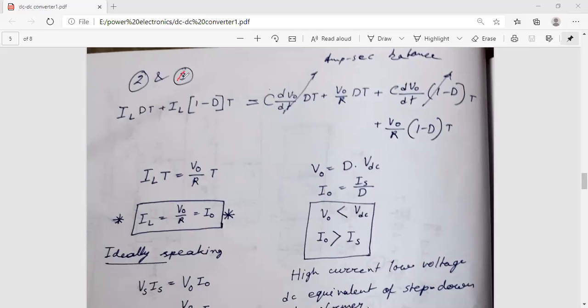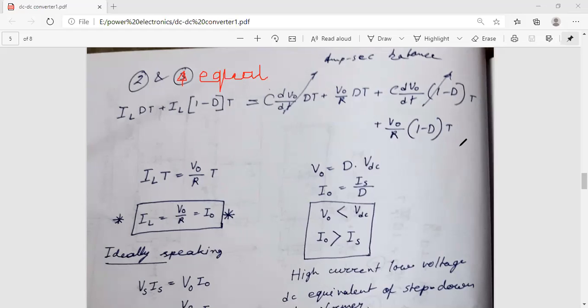Then what will we get? Equation 2 was IL equal to C dV naught dt plus V naught by R. So IL into t on plus IL into t off equal to C dV naught dt plus V naught by R into t on plus C dV naught dt plus V naught by R into t off.